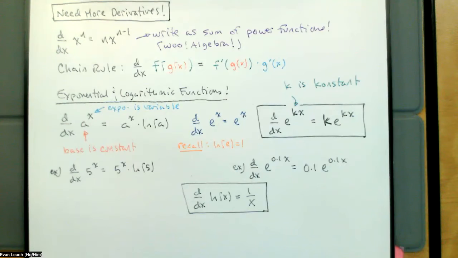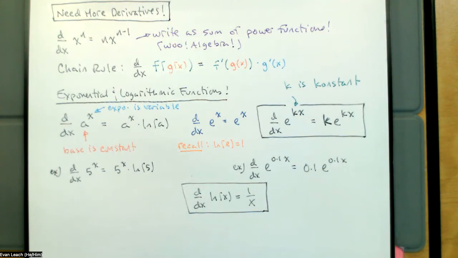This one is really cool because we take the derivative of this transcendental function, natural log, and it comes out with a rational function. That's crazy. In the e to the kx, we had k e to the kx. It kept its form. That's also crazy. But it makes sense if we think about what exponential functions are used to model.